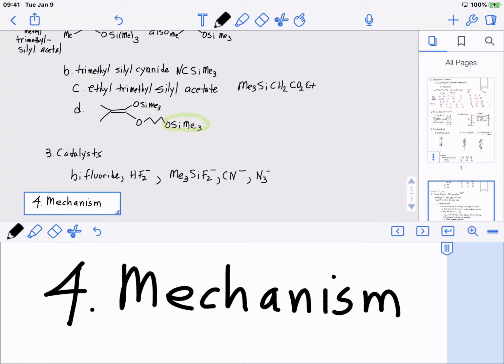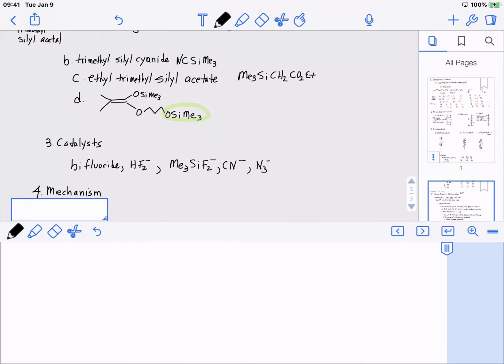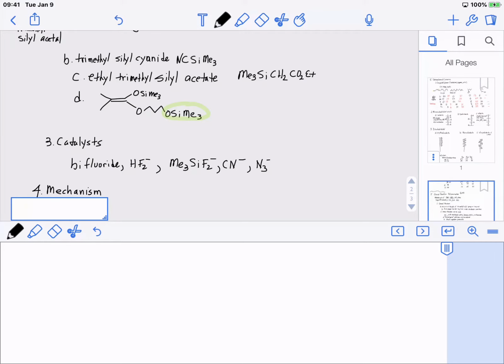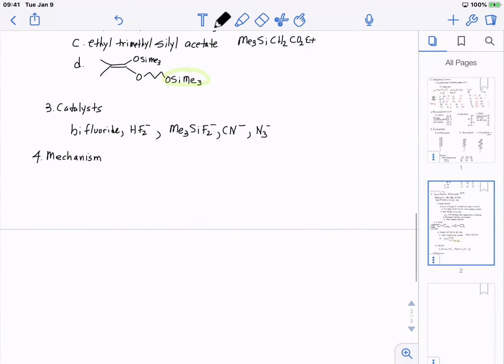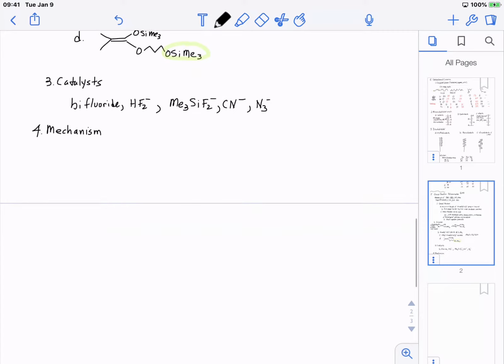Okay, as far as the mechanism is concerned, there's a lot of arrows going on here. So I'm going to draw it like here, or at least attempt to. In fact, I'm going to go down to the next page so I give myself enough room. Got double bond there, oxygen, methoxy, and the 2 methyl groups there.